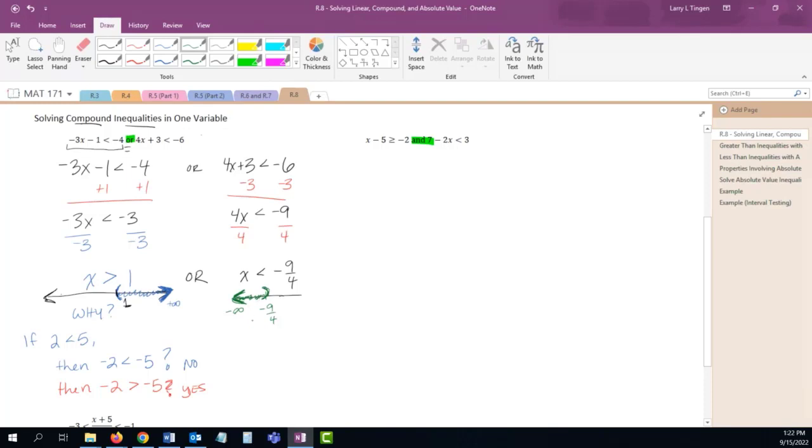Why do I bother with parentheses and make all these notes? Because there's something called interval notation, and interval notation helps me write inequalities in an easy to understand way.